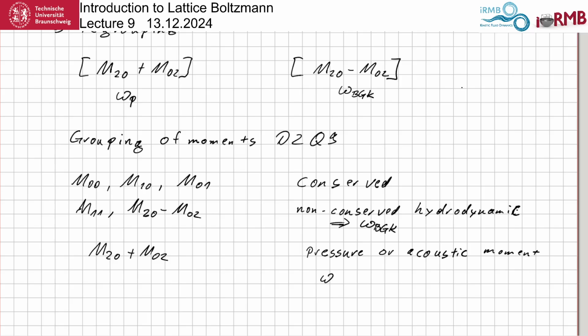And this we relax with omega p, which then in literature will be related to what they call bulk viscosity. Bulk viscosity is not a very well-defined quantity, and this can be used for the damping of sound waves.